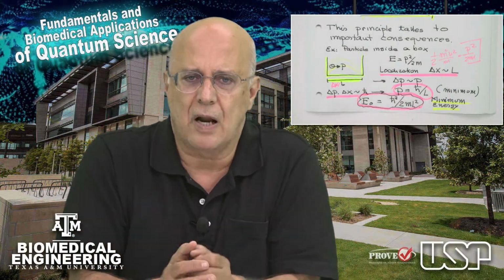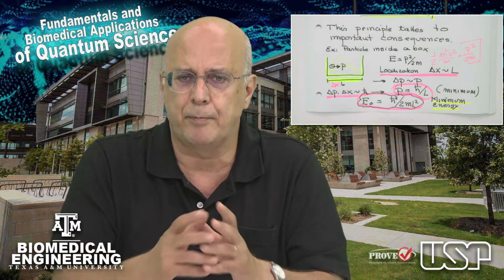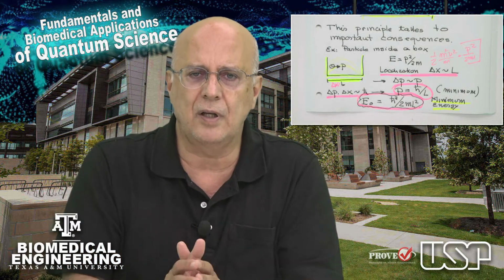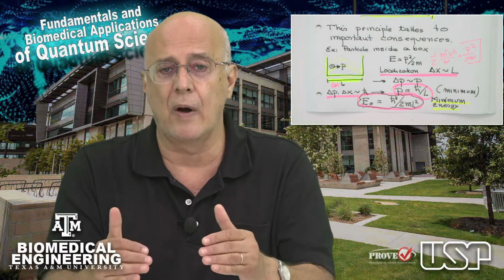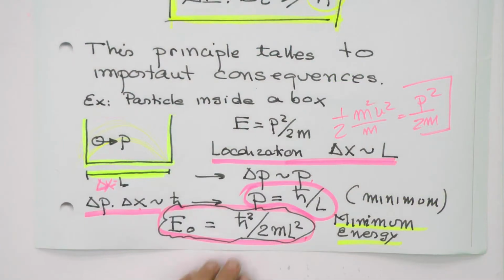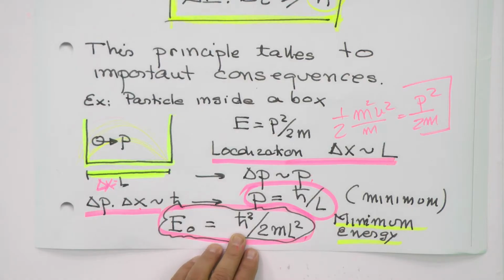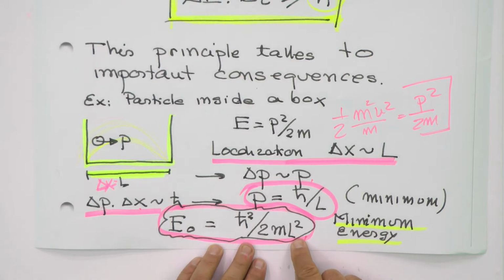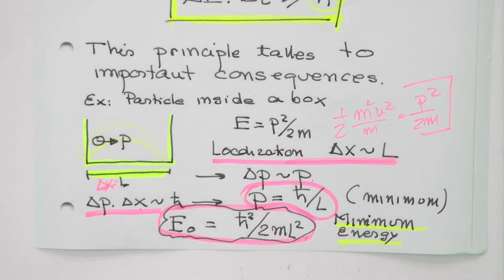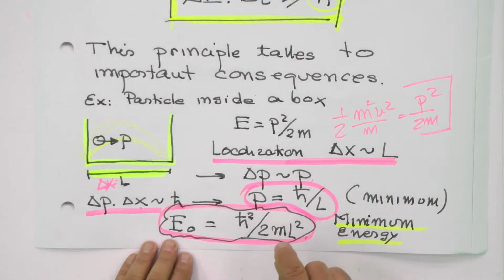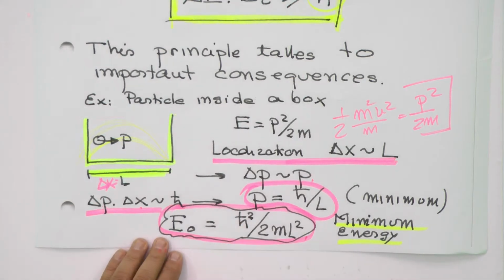The concept of ground state, the minimum energy, is important everywhere. Nothing really has zero energy, or what we call zero energy is some finite value that's dependent on h bar and depends on the confinement. For a particle in a box, it can never have energy below h bar squared divided by 2mL.